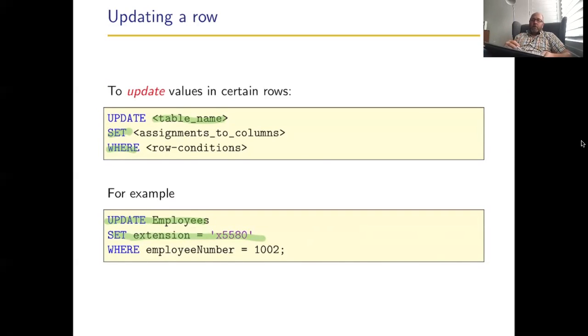SQL will look at the table and consider each row in turn. If the employee number is not 1002, then it will ignore that row. If the employee number is 1002, then it will take the action and change the column extension to the new value that has been specified.